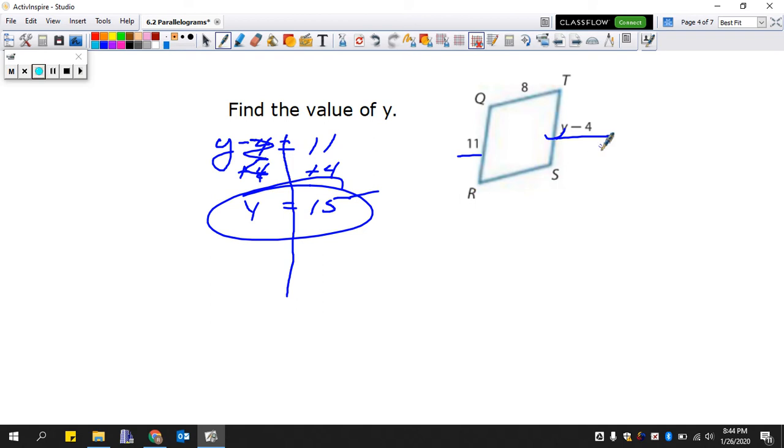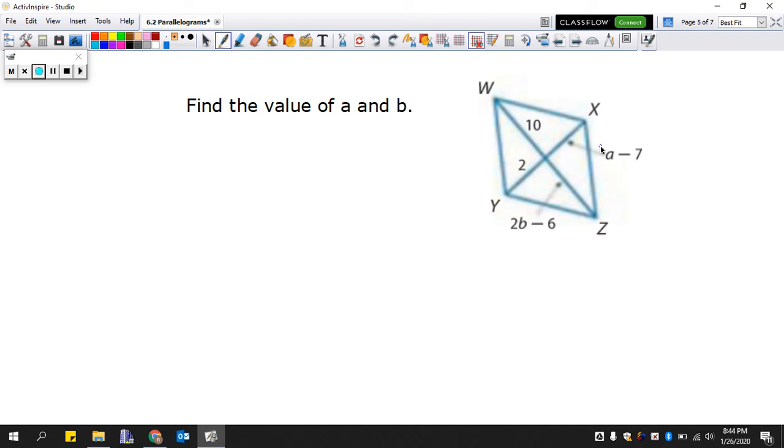Here it says find the value of A and B. Well, here we're talking about our diagonals. These are the two theorems that you copied into your notes. Remember that the theorem said that the diagonals bisect each other. So we're talking here about A. That's this side. A minus 7 here is congruent to this side, which is 2. So we have A minus 7 is equal to 2. When we solve that for A, we add 7.